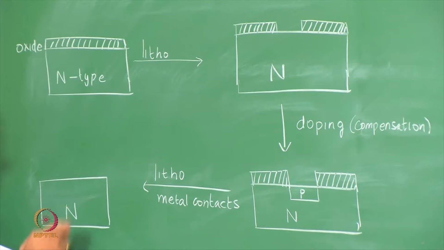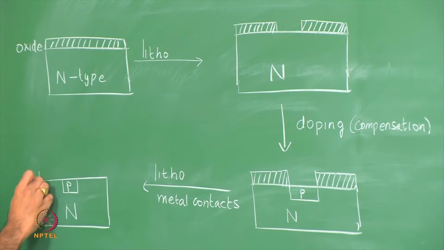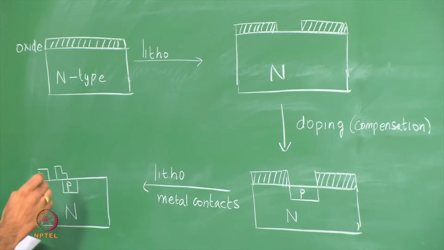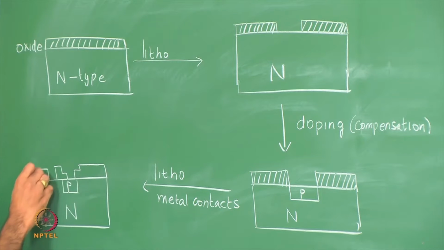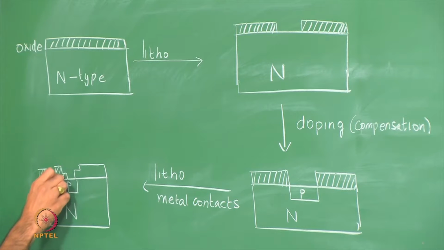So, N type. Here is my center P type. These are the oxide layers which have been patterned.